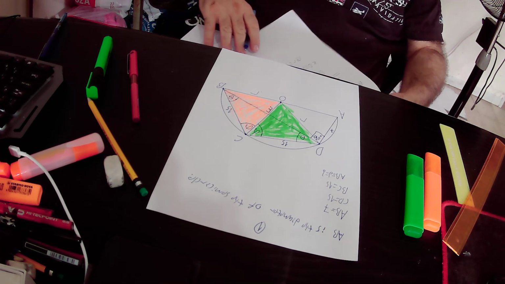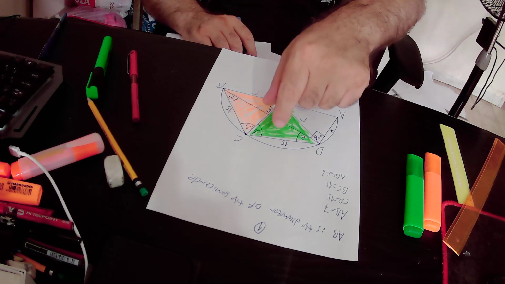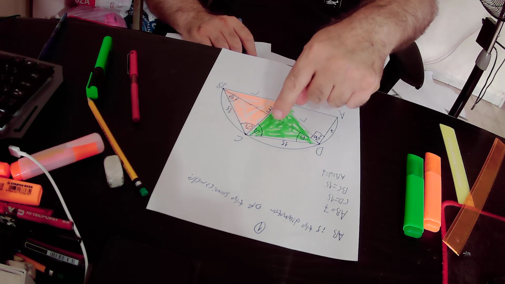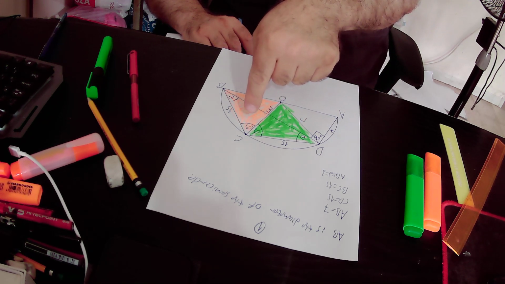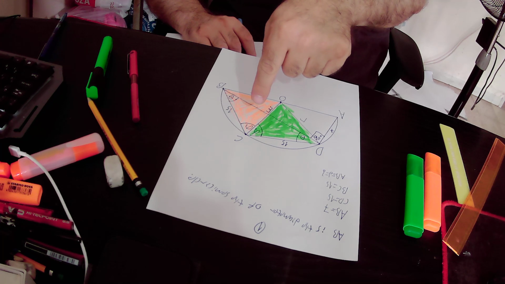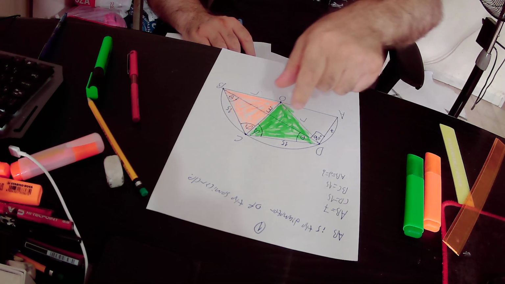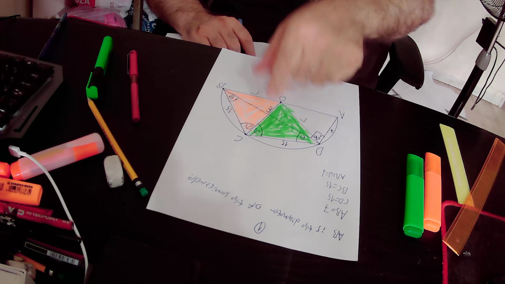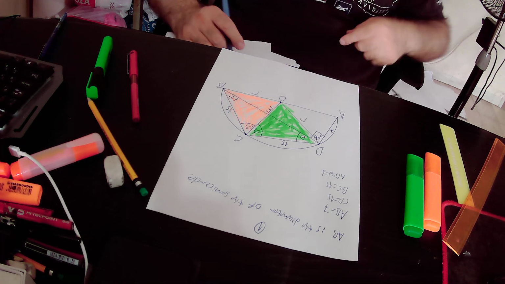So we proved that two sides and the included angle in the green triangle are equal to two sides and the included angle in the orange triangle. Therefore, those two triangles are congruent to each other according to the side angle side rule.